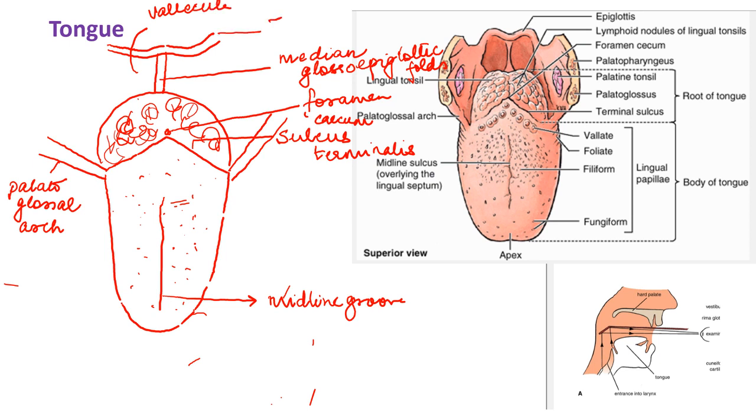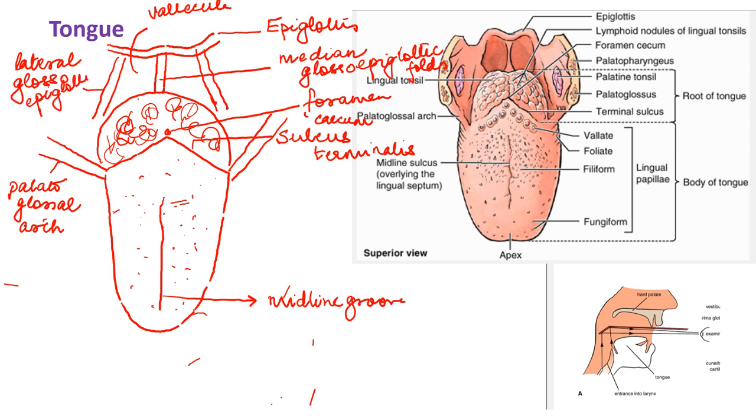This is the epiglottis. And more posteriorly, and more lateral to the vallecula, are these lateral glosso-epiglottic folds. Glosso is another prefix which is used for the tongue.